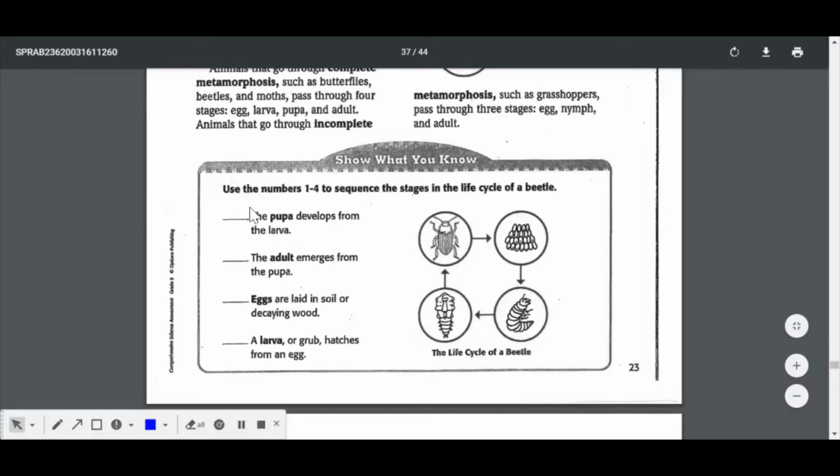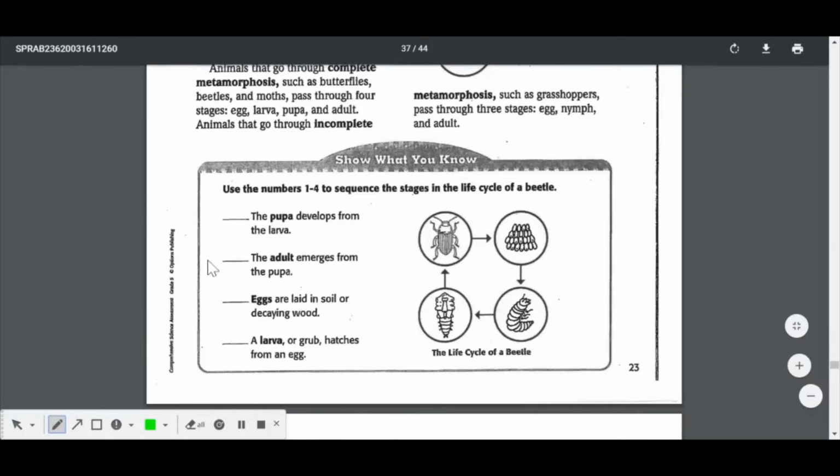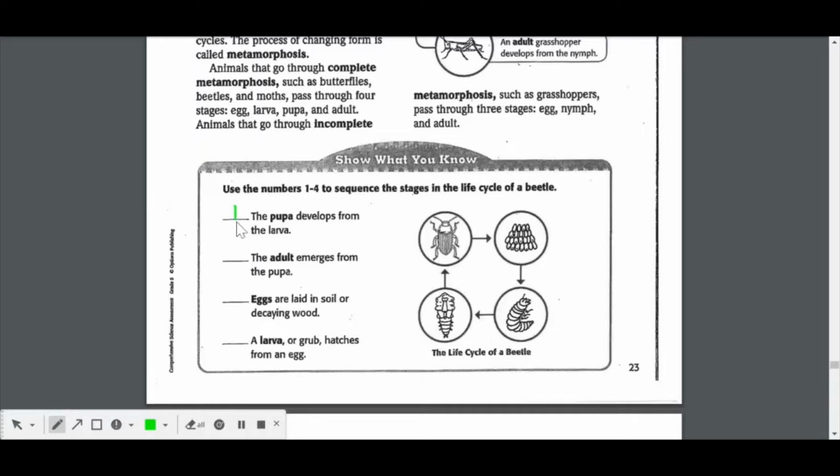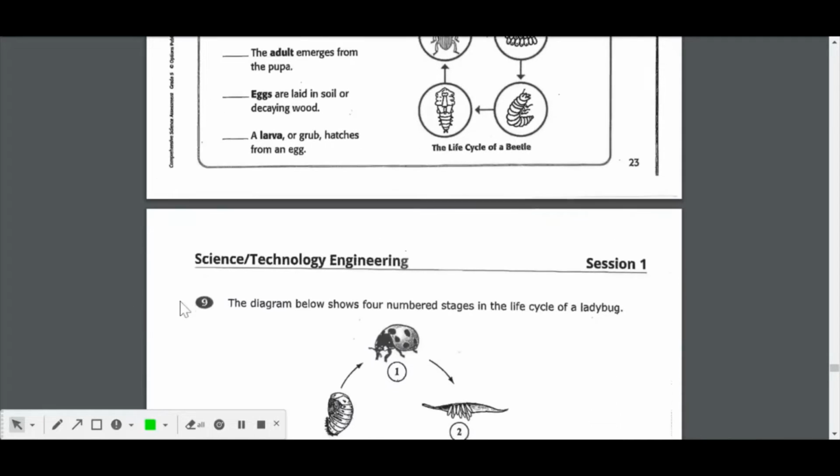So you have to think, which one is going to be first? You would put maybe a 1 here. And if you think the next one is this one, you would put a 2 there. But those are just examples. Make sure you're reading and looking at the pictures on the side to help you answer that question, and really focusing on what you are supposed to be answering.